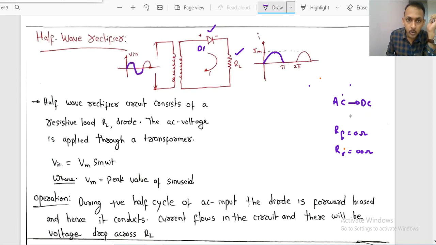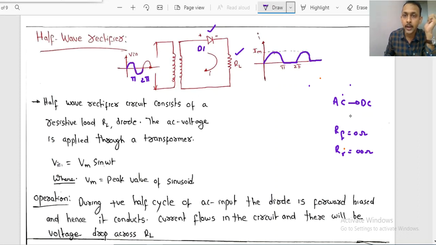Now from pi to 2 pi, during the negative half cycle, the diode acts like a reverse bias and there won't be any conduction. The current flowing through the load is 0. Again, from 2 pi, during the positive half cycle, there will be conduction in the diode.